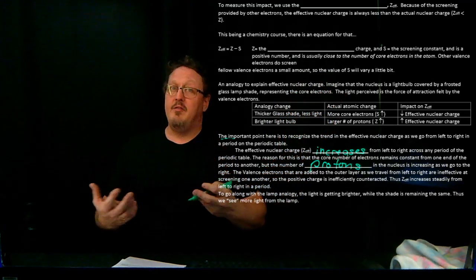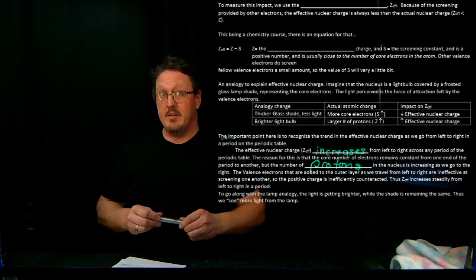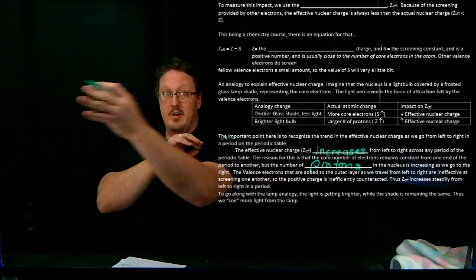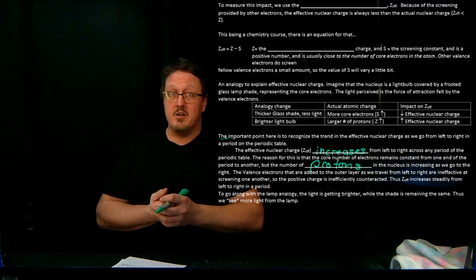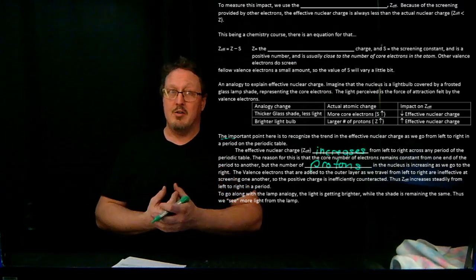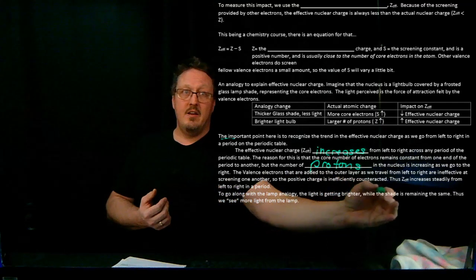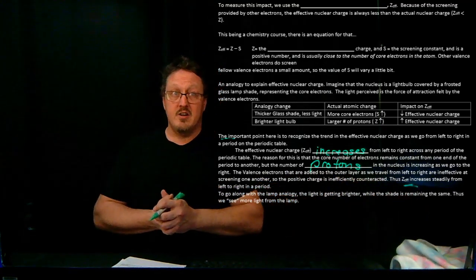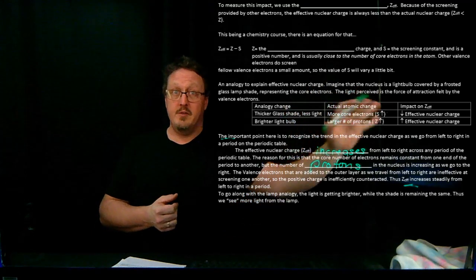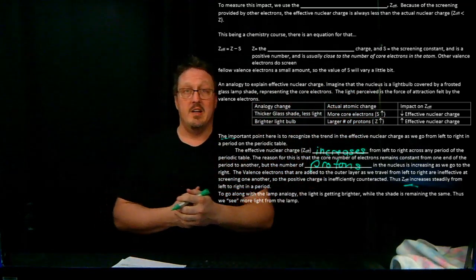Any valence electrons that are added to that outer level are ineffective at screening one another, so the positive charge is very inefficiently counteracted. That means that the effective nuclear charge increases as we go across the periodic table.